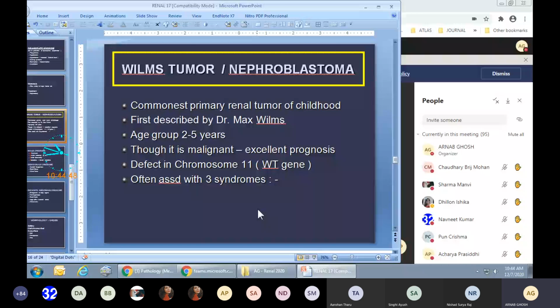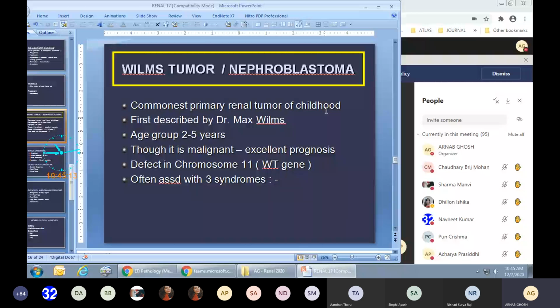In exam, many of you either say malignant tumor in adult or you say benign tumor in children. The interesting thing is it is a malignant tumor, but it is seen in children.